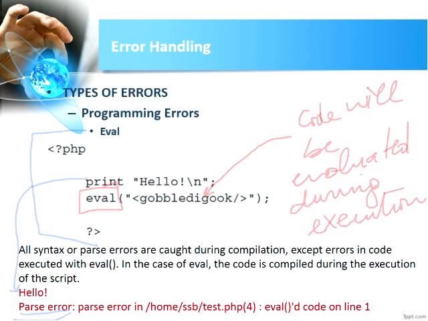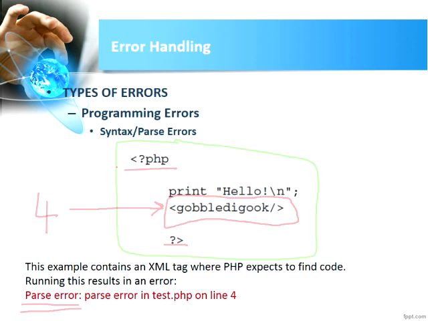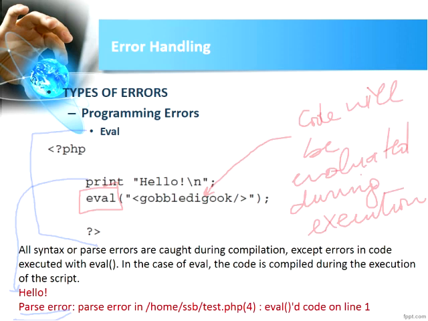Yes, so we will execute the correct part, and when we find an error, this error will be displayed. In the previous one, we cannot find hello here. This is the difference between the first error and the second one. So eval avoids the problem. The code is compiled during the execution of the script.